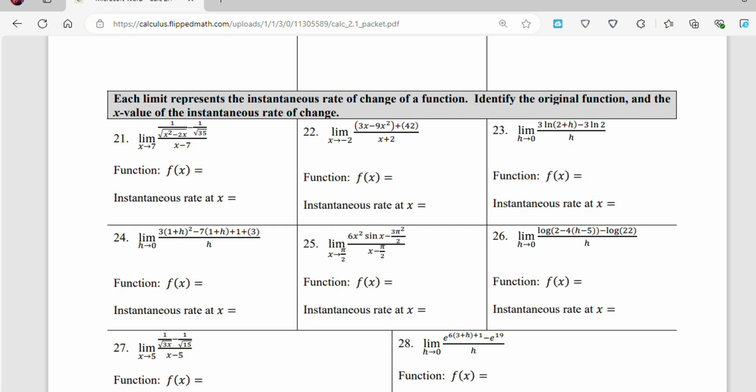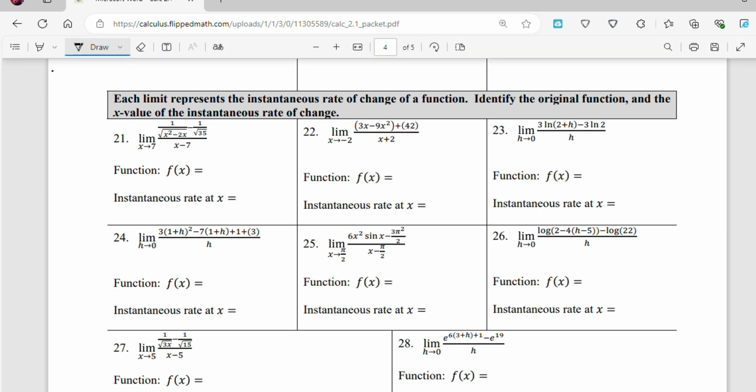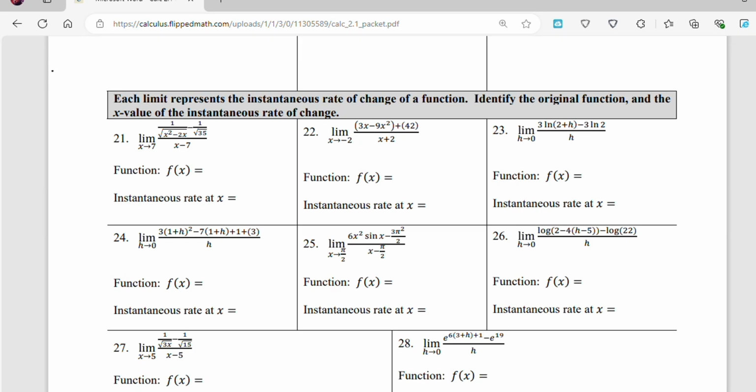Okay, so the key here in these types of questions is identifying what the limit approaches, and that's going to tell you a lot. Now, the easiest ones are when the limit is as x approaches, right? Because then again, you have two formulas.